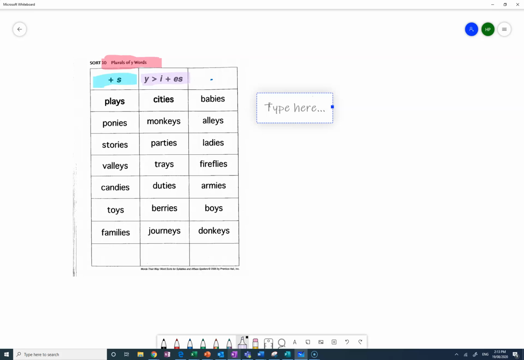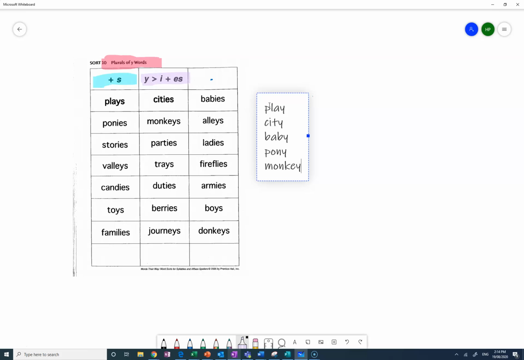I'm going to give you a moment to do this just like I'm about to show you. So the first word is plays. I'm going to type play. City, baby, pony, monkey. These are all the singular base words for the plurals that are in the word sort.